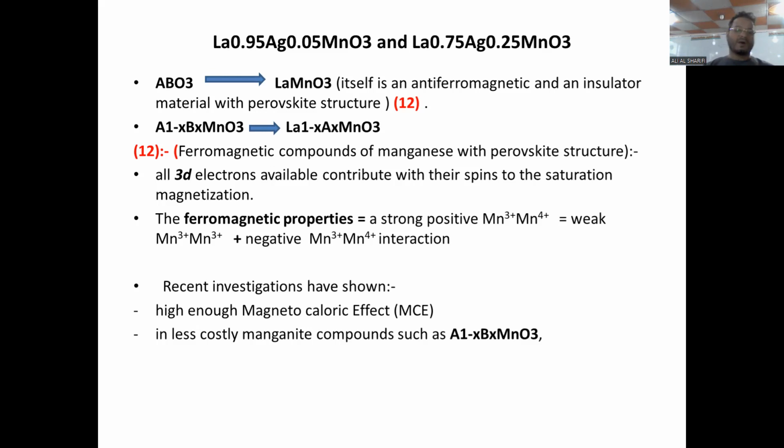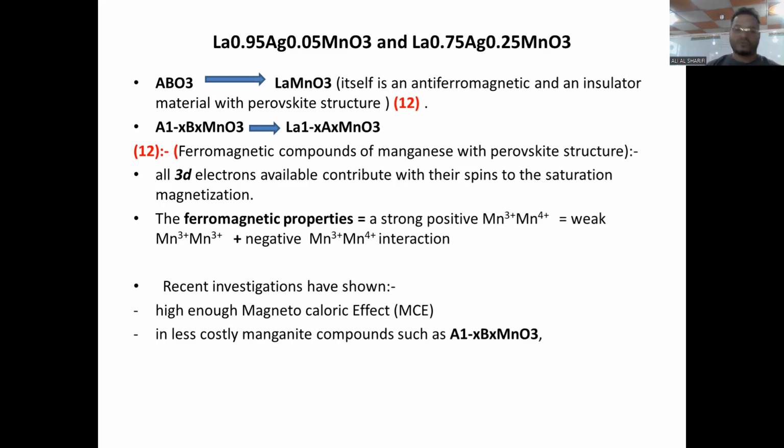Now let's take an idea about the electrons, the shells in the ferromagnetic compounds of manganese with perovskite structure. We must know some important notes about this. I take this from the abstract of source number 12.